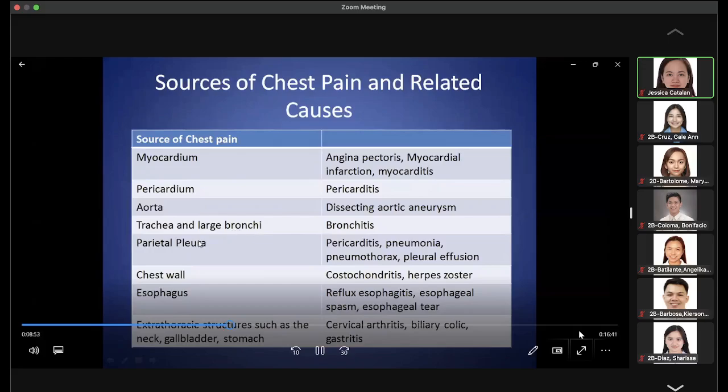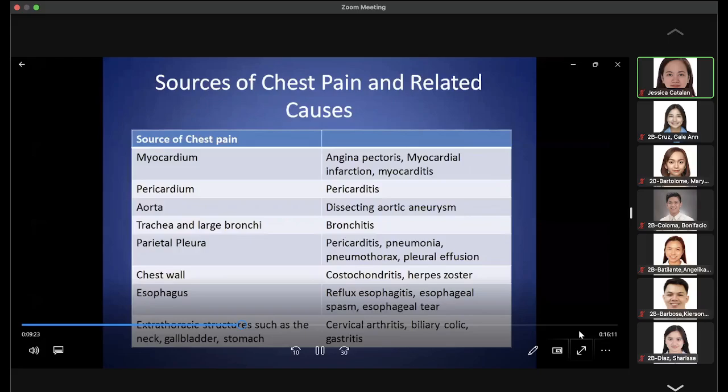You can also have chest pain from the parietal pleura, so in cases of pneumonia, pleural effusion, pneumothorax. Chest wall pain may be secondary to costochondritis, as well as a viral infection in the case of herpes zoster. And of course, coming from the esophagus, so patients who have reflux disease, esophageal spasm, as well as tear.